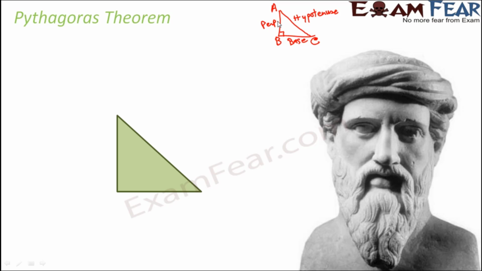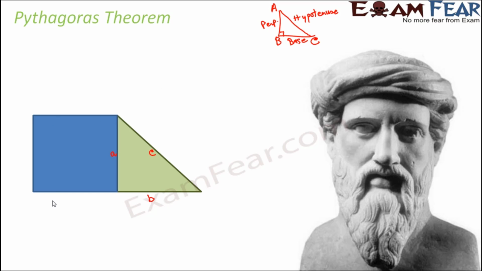Okay, now according to this theorem, let's say that you have a right-angled triangle such that the length of the hypotenuse is C, the length of the base is B, and the length of the perpendicular is A. And let's assume that on each of these sides, on perpendicular, base as well as hypotenuse, we draw a square.